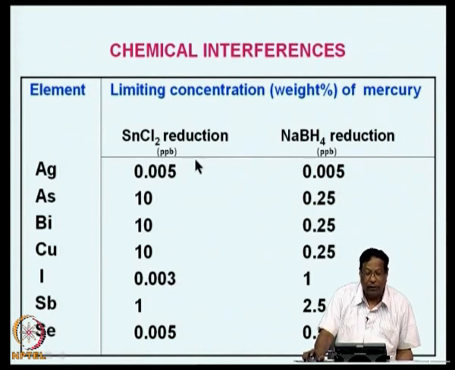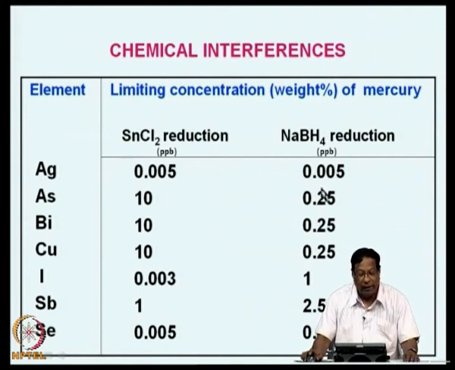If you use stannous chloride reduction and sodium borohydride reduction, the figures are fairly comparable, but you would see that the interference levels in sodium borohydride are much less here.